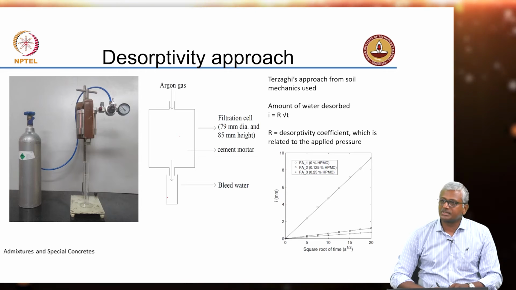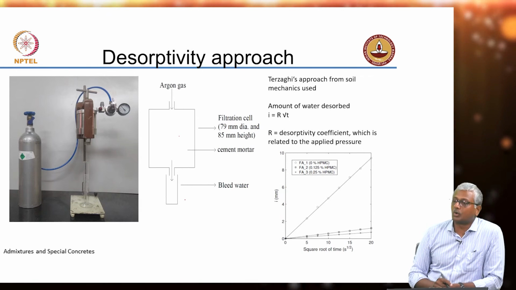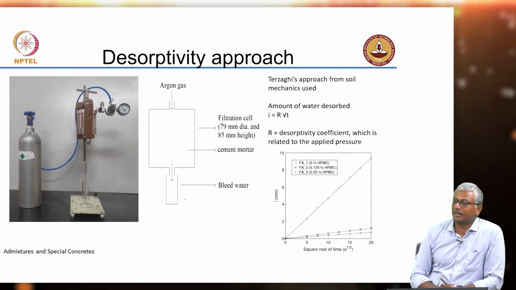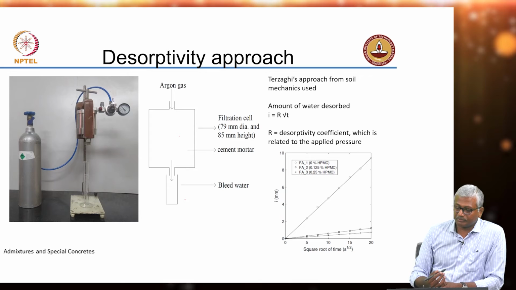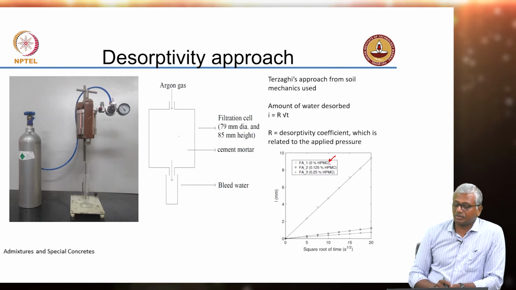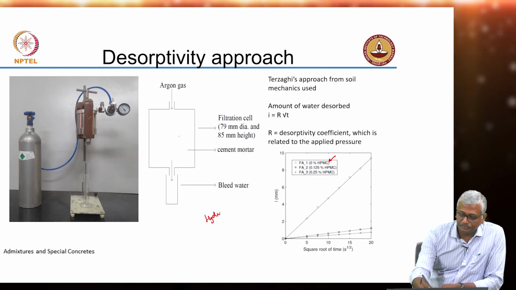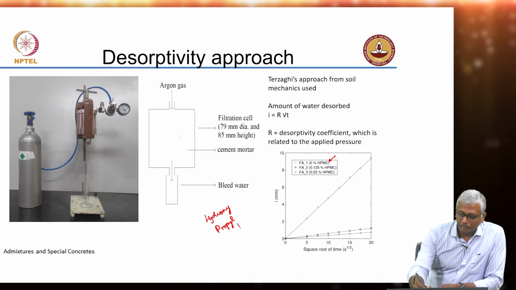Here what we did was, we took the same test and we then assessed the amount of bleed water that was getting collected and plotted it with respect to the square root of time to get a coefficient for each of these mixes. For instance, here you have the effect of a VMA which is being tested. VMA here is HPMC, hydroxypropyl methyl cellulose.